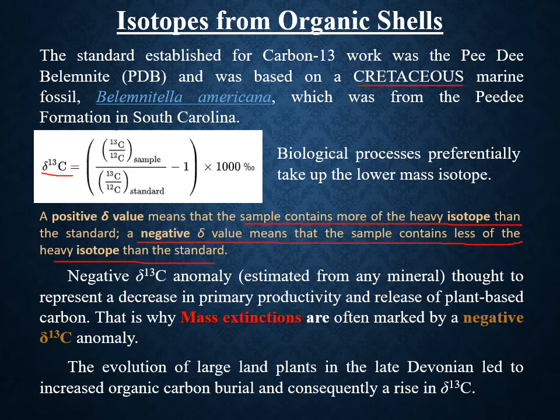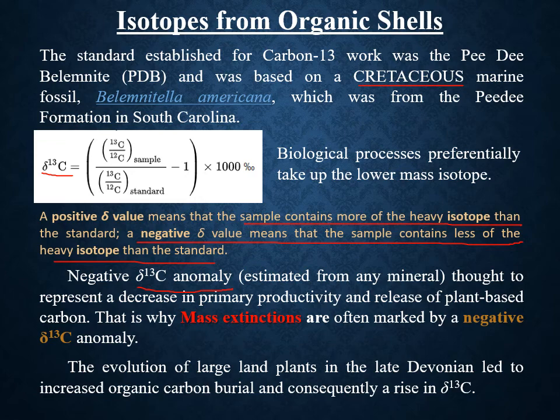That means negative del 13C means it is enriched with 12C. So in comparison with the standard value of carbon isotopes, if we find a negative del 13C value in fossil shells, it indicates that during that time there was a lesser amount of plants in the environment, because during photosynthesis plants also take the lighter carbon.